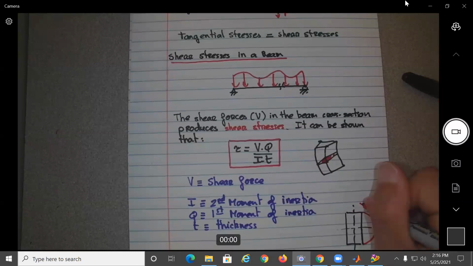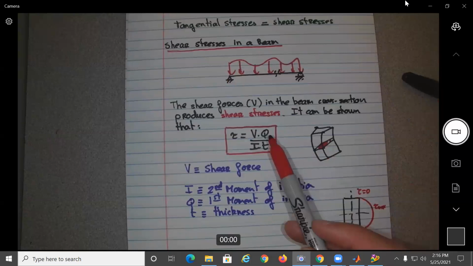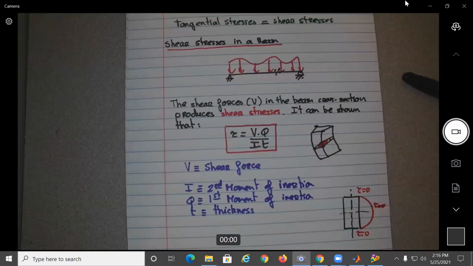So basically at the top and the bottom it will be zero, just like we just mentioned, and in the middle, it will be maximum. And this is for the reason I told you, because at the top there is no surface, the Q will be zero, and at the bottom, the Q will be zero.